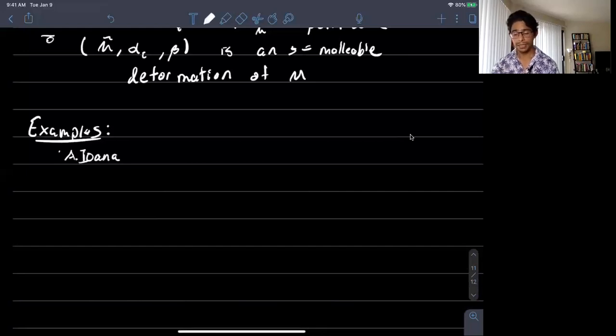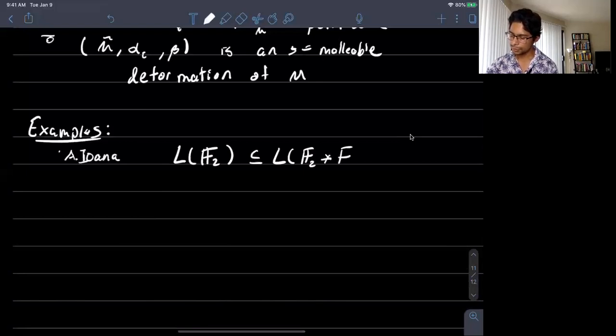To study these von Neumann algebras coming through these free groups, you're looking at, let's say, LF2 inside of the von Neumann algebra generated by the free product on two generators. Well, this is the free group on four generators, but I'm distinguishing these generators by splitting them into pairs in a particular way.